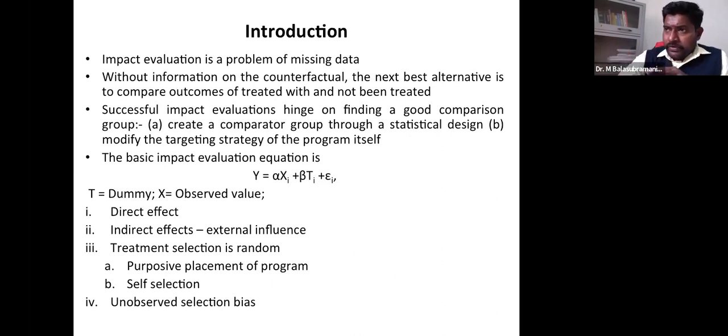Then the perfect region where it is suitable might be the purposive choice. And the next point is the group of people, the sample of farmers who are going to use this technology.